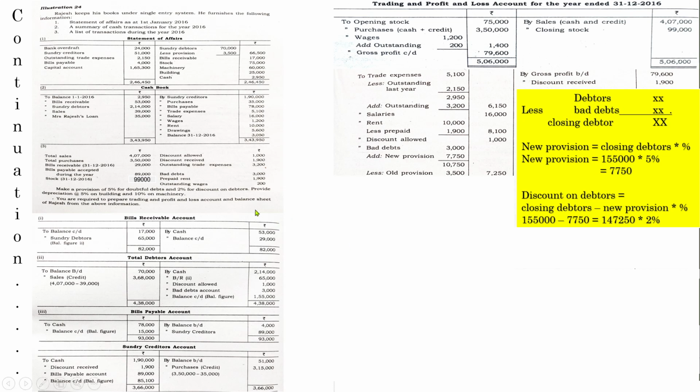So in this question, where is the closing debtors? Here it is given debtors less bad debts, like that. Since we have already prepared the debtors account, you need not have to worry about the debtors total again going to deduct the bad debts. Don't worry. If you have prepared debtors account, directly take the closing balance.